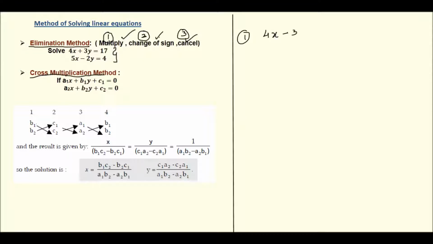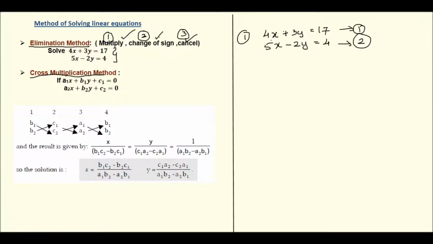4x plus 3y equal to 17 and 5x minus 2y equal to 4. Let this be equation number 1 and this equation number 2.